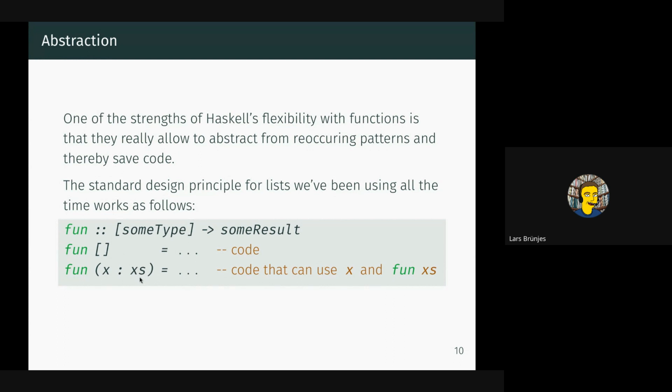And often this will recursively call the function you're defining on the tail. So normally what you do here, this ... is something that uses the head and the function recursively applied to the tail. And we saw lots of examples of that. So for example, map or filter are examples of this, where we use this pattern.